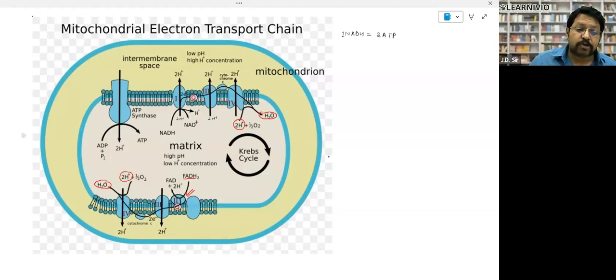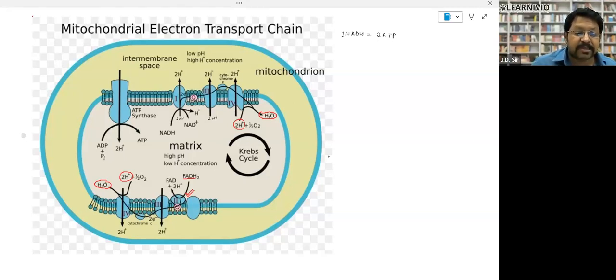Now these 2 electrons will reach cytochrome complex C. Cytochrome complex C is present in the outer part, so it will not pump. Now when the electrons reach cytochrome complex 4, again it will pump in 2 hydrogen ions, so a total of 6 hydrogen ions are pumped due to the breakdown of 1 NADH, right?